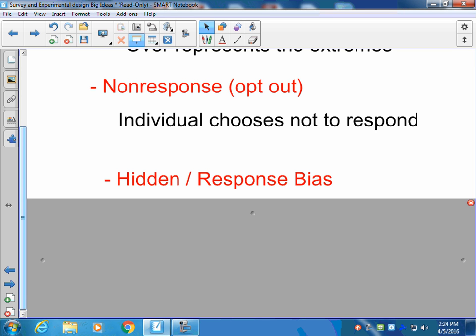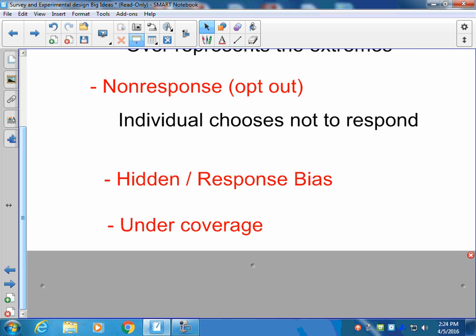Okay, it's not shown, but it would affect the outcome overall. And then we've got response bias, which is from, you know, the survey individual or the experimental subject not giving a truthful response based on either illegal activity or something that they don't want to admit to an individual process-wise.